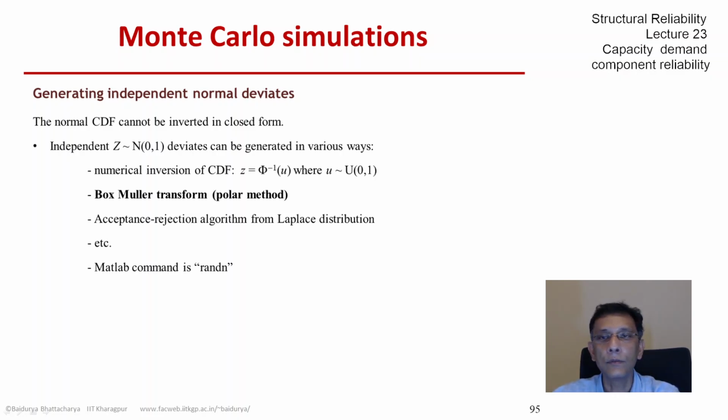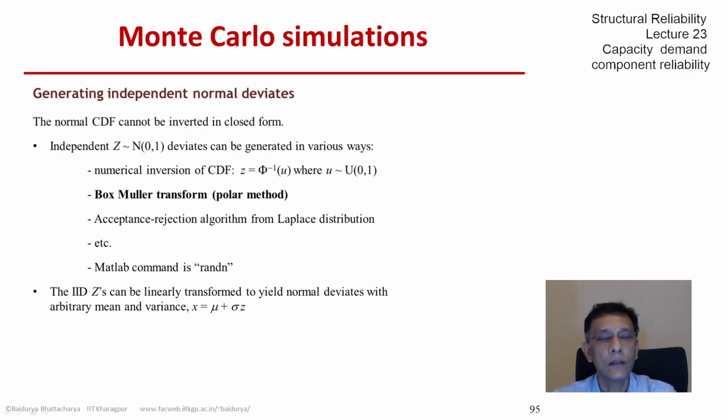So there are more efficient ways of generating normal deviates. One is the Box-Muller transform. We did discuss this earlier in this course. The other is the acceptance rejection algorithm, which uses the Laplace distribution, etc. The Matlab command is randn, and it also uses the Mersenne Twister algorithm.